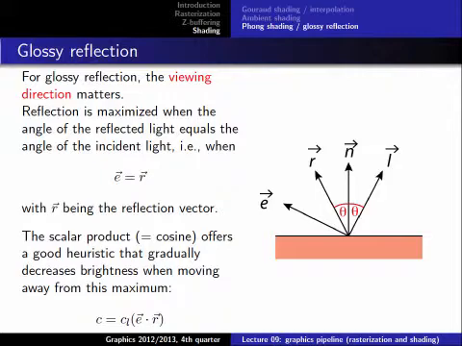So at this position where the eye vector is the same as this so-called reflectance vector, which reflects at the same angle with respect to the normal and the incoming light, we have a point of maximum brightness, and the more we move away from it, the more this brightness spot decreases.